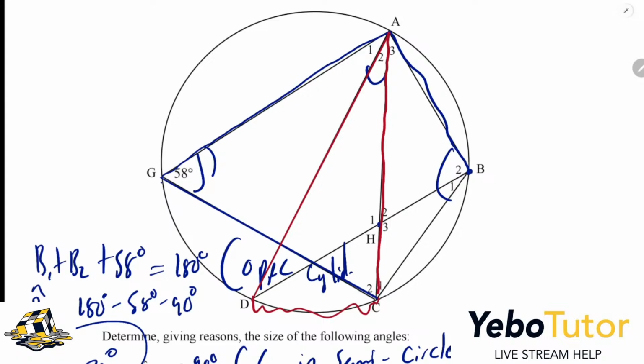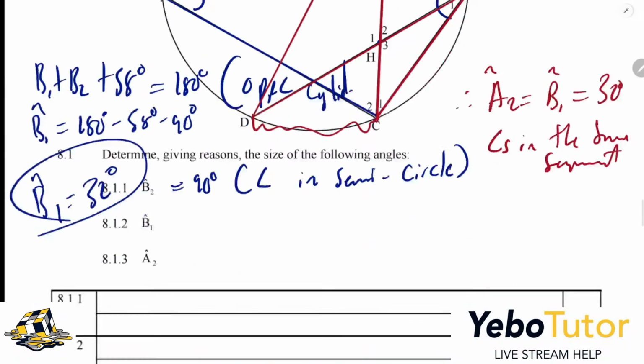Then that same chord goes and subtends at B1, and it also comes back to the same chord DC. So we can now see that A2 is equal to angle B1, which is equal to 32 degrees. Why? Angles in the same segment. So don't worry, that's not bad.